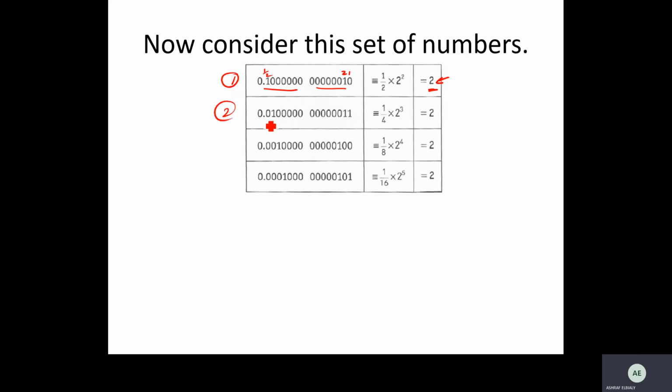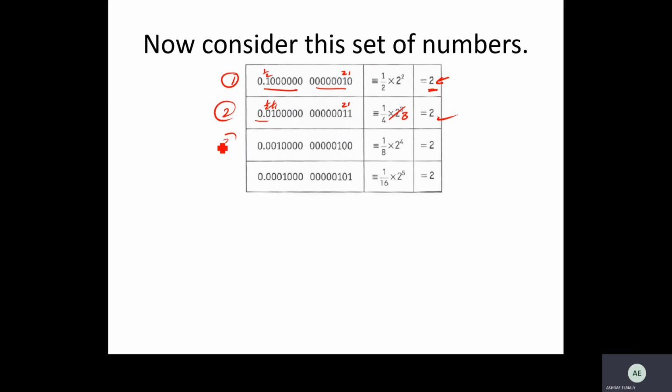Number 2, here we have a different representation in binary floating point, where the exponent is equal to 3, and the mantissa is equal to a quarter, so a quarter times 2 to the power of 3 equals 8. 8 divided by 4 also equals 2.